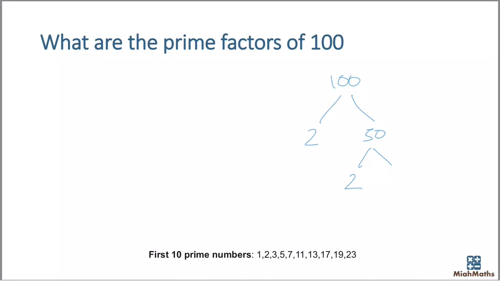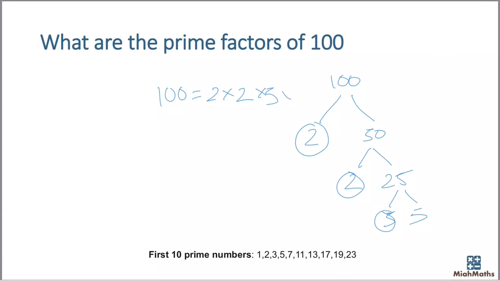Yes, let's use 2 again. 2 times 25 equals 50. Now 25 is just 5 squared. Now 5s are prime numbers, so we can't break these down anymore. So the prime factors of 100 equals 2 times 2 times 5 times 5, or 2 squared times 5 squared.